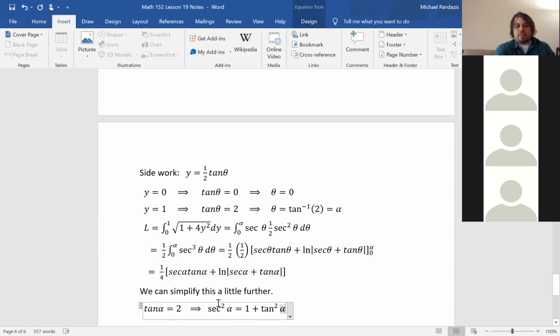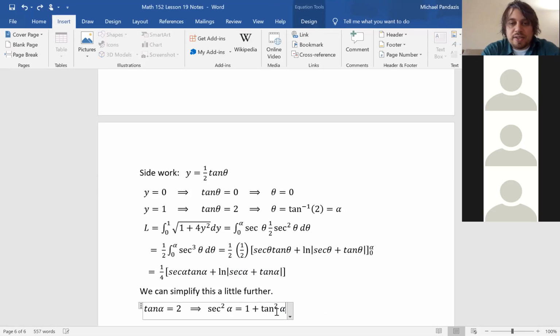You have the trig identity, 1 plus tan squared equals secant squared. But 1 plus tan squared, we have the tan alpha is 2, so tan squared alpha is 4. This is 1 plus 4, which is 5.